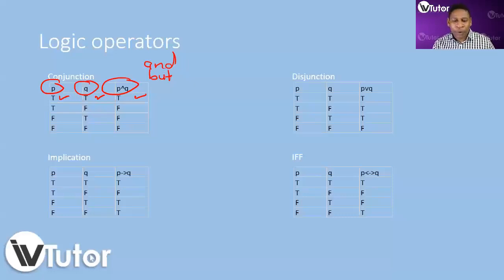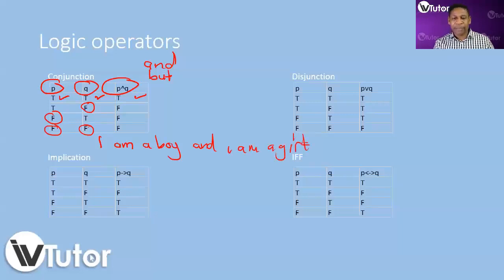However, if one of them is false or both are false, then the conjunction of the two is false. If I say I am a boy and I am a girl, this statement is going to be false, because one of them is false and the other is true. This will not hold.